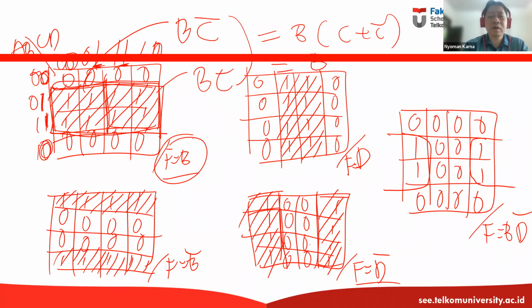How can it become the simplest form compared to this? That's because by using F is B, then we don't have to use a logic gate.